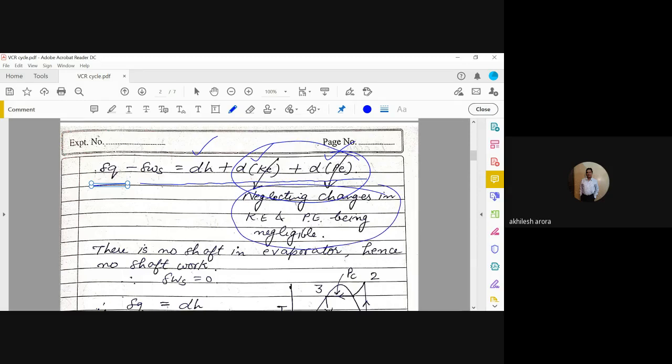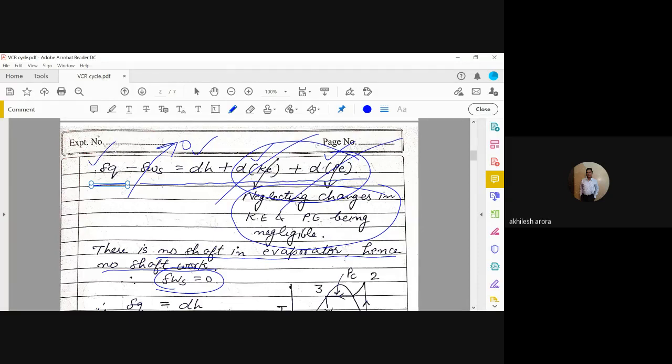Then the evaporator is a heat exchanger, and moreover the pressure is also remaining constant in it, and hence there is no shaft. When there is no shaft, there is no shaft work. So delta Ws in the evaporator will also be 0. So we are left with only two terms. Delta Ws is 0, kinetic energy neglected, potential energy neglected.